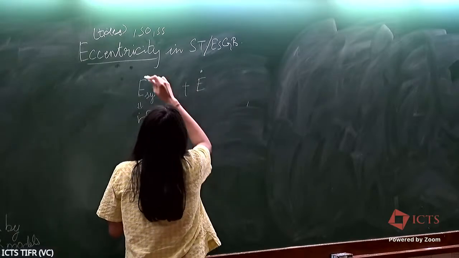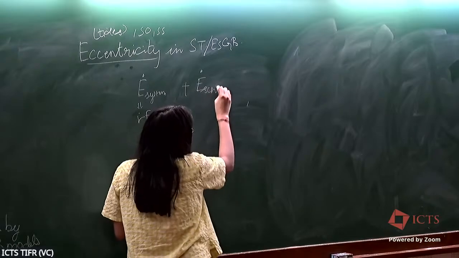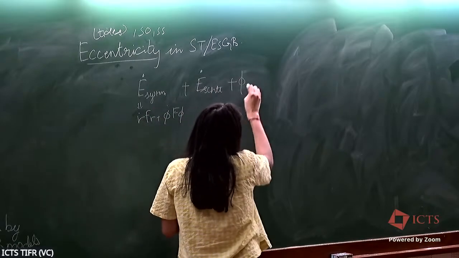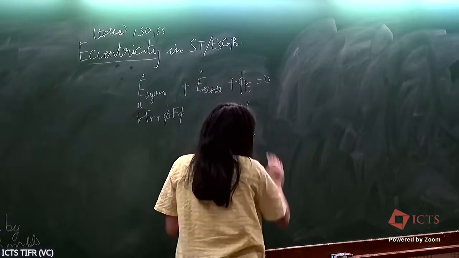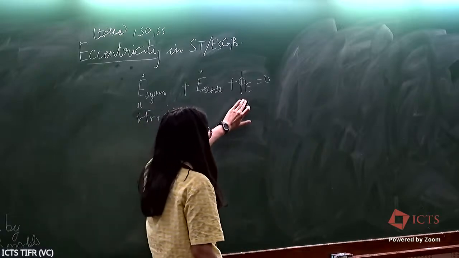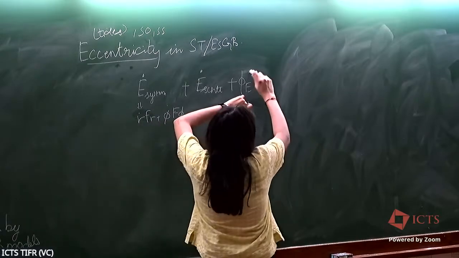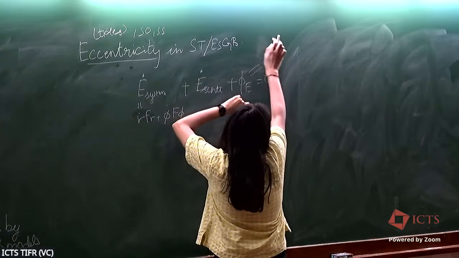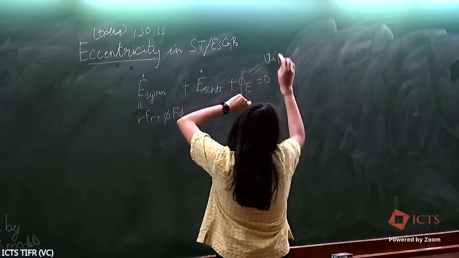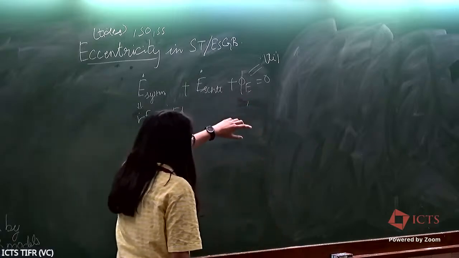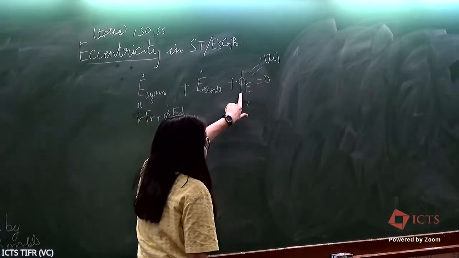On top, we also add E short. And this is equal to the energy flux computed at infinity in the PN sense. We have this information, and this flux is nothing but computed from the source multipole moments or the radiative multipole moments that we saw yesterday. So this information we have, we can compute this.